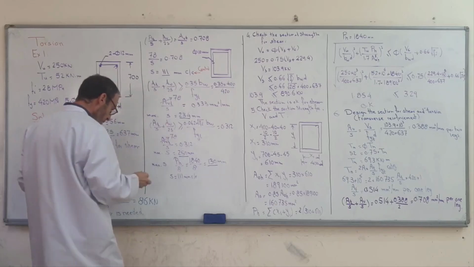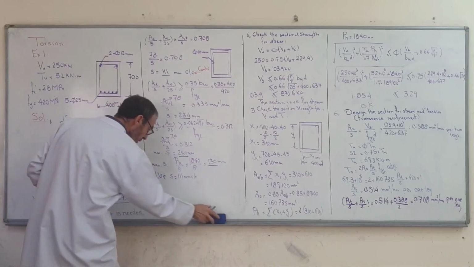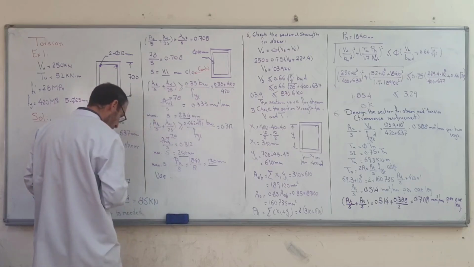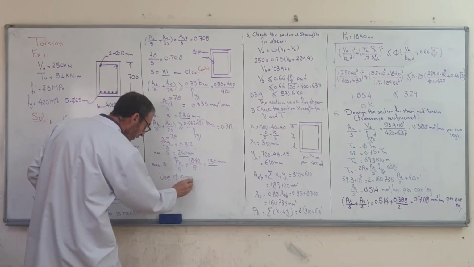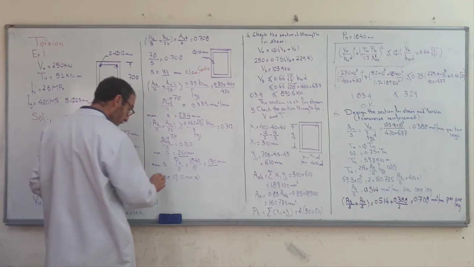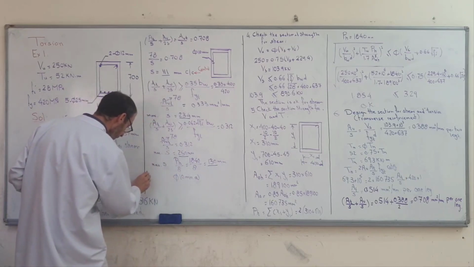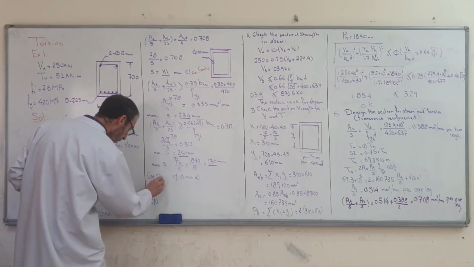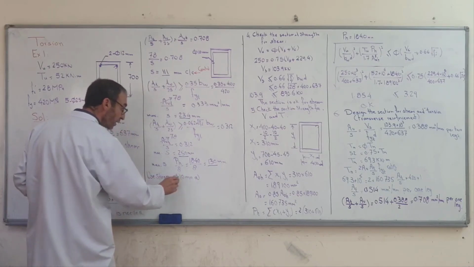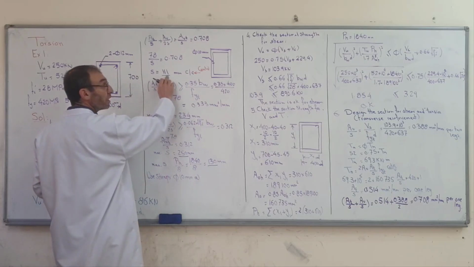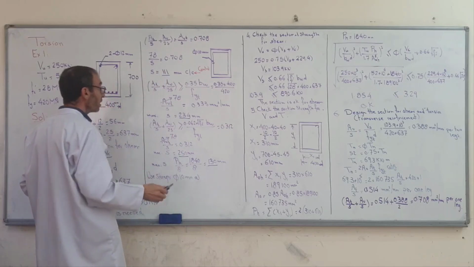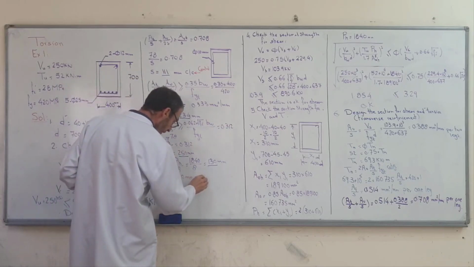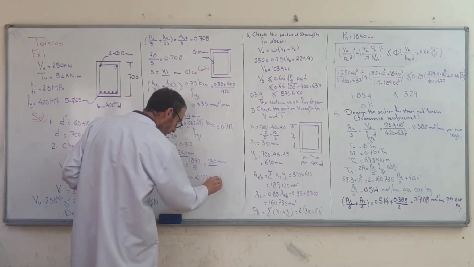We use 510 millimeter stirrups at 111. We can use 111, but from a practical point of view it is better to use 100 millimeter center to center.